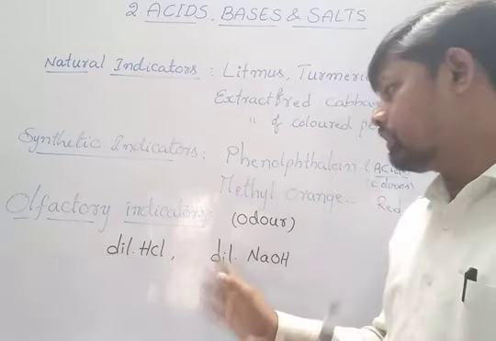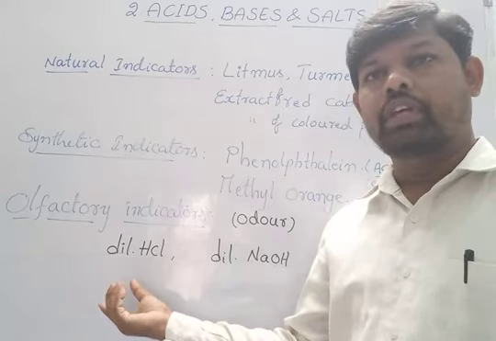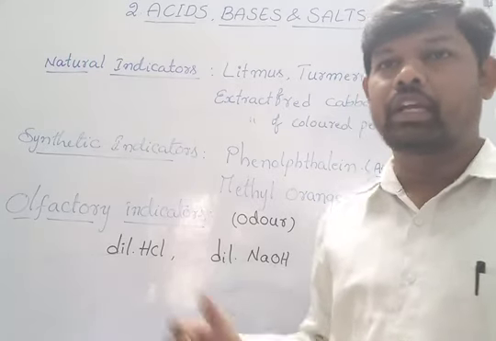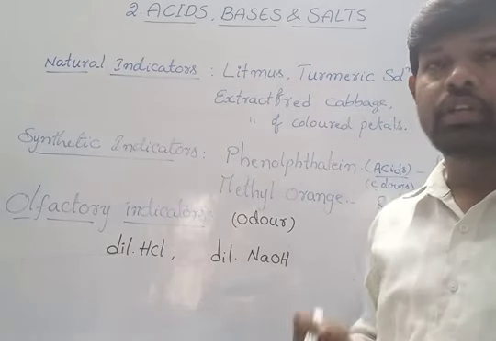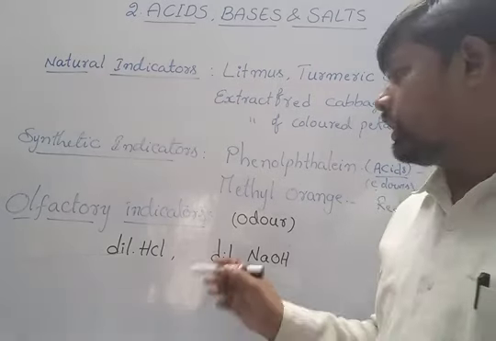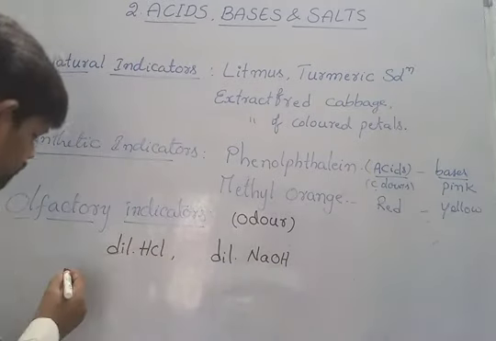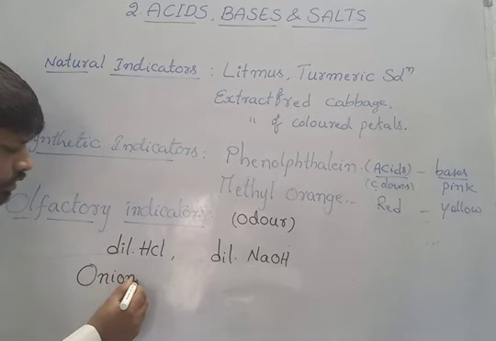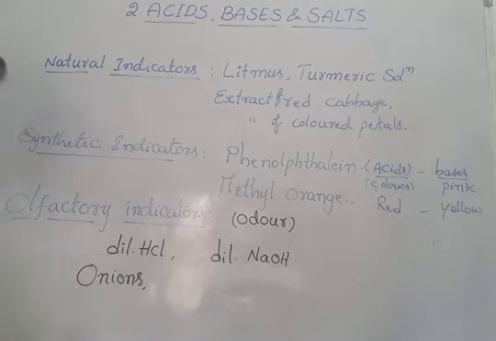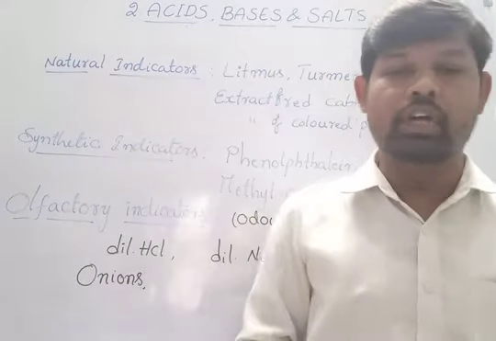Sometimes they may change also. Sometimes acids give a pleasant smell, and when you keep in the NaOH, they will lose their smell. So here, onions are used. Okay, so you have to keep these onions in mind. Like onions, there are other substances also.